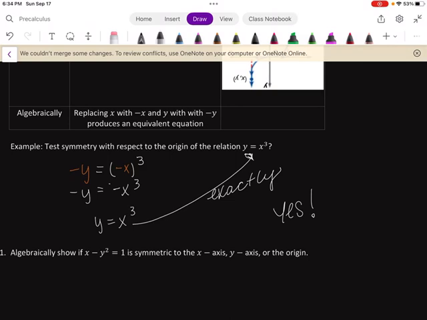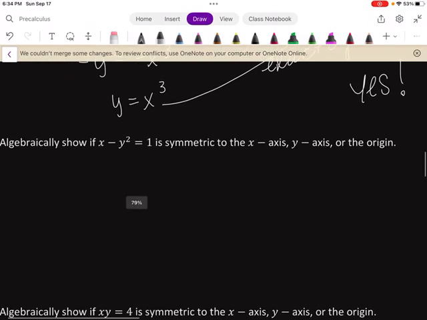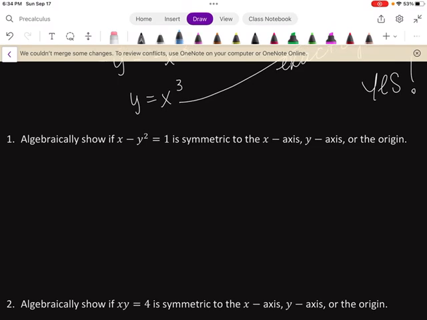So now we're going to do 3 examples where we're going to test all the respects. Is something symmetric with respect to the x-axis, with respect to the y-axis, or the origin? So we're going to start with the x-axis. I always kind of like to list it like this. I know I need to plug in a negative y.